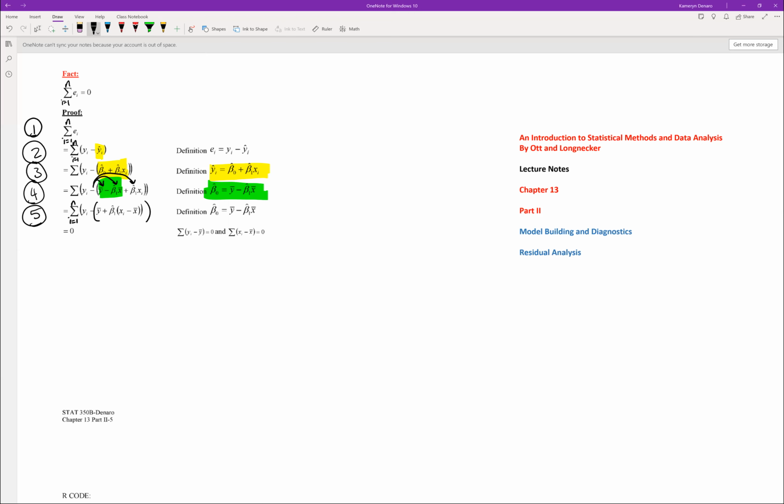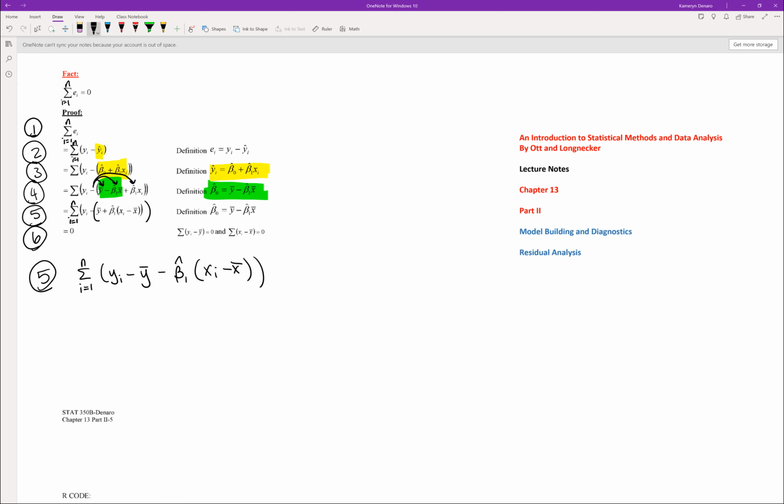So we're going to fill in some of the information from line 5 to line 6. Here we are at line 5. We get the summation i equals 1 to n of y_i minus y bar minus beta 1 hat times x_i minus x bar.